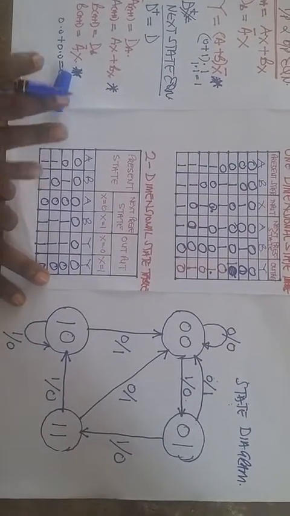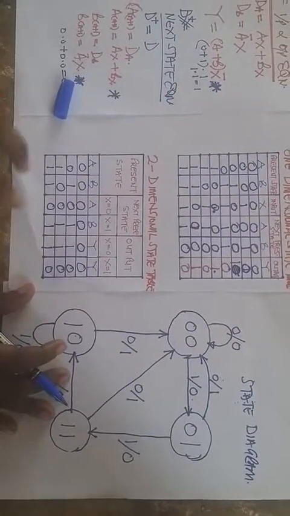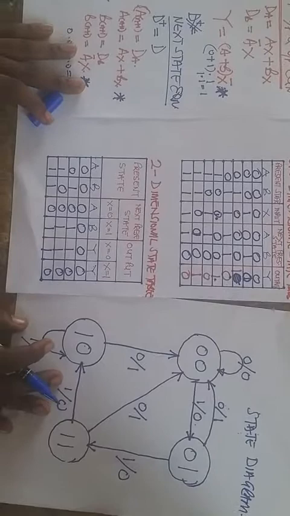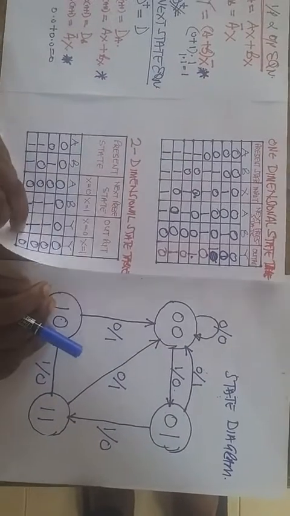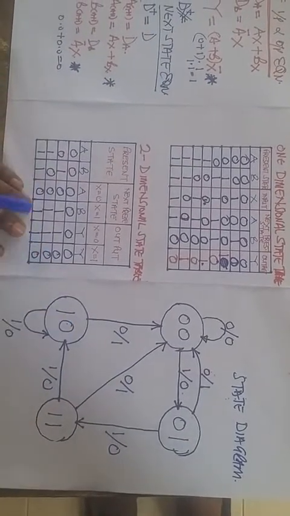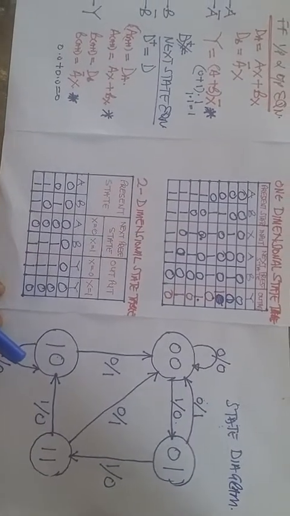So you see that we are able to analyze the behavior of the circuit that was given to us. Very simple, take your time to go through, and in our next lecture we'll consider another example. Thank you.